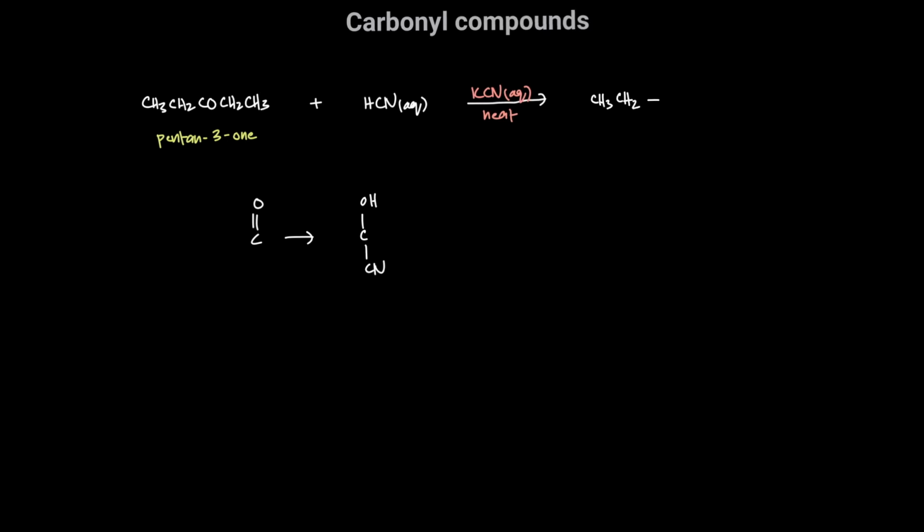So we have CH3, CH2, and then this carbon bonded to an OH and a CN. Again, this is the nucleophilic addition of HCN. And then that carbon is bonded to another CH2, CH3. So how do we name this compound?